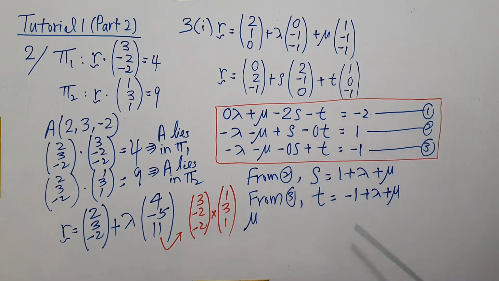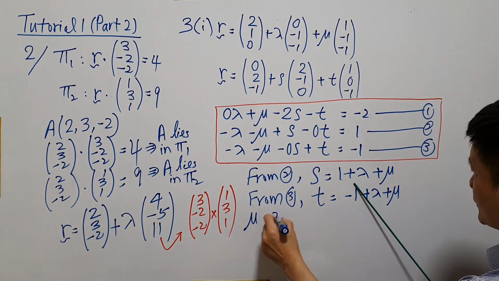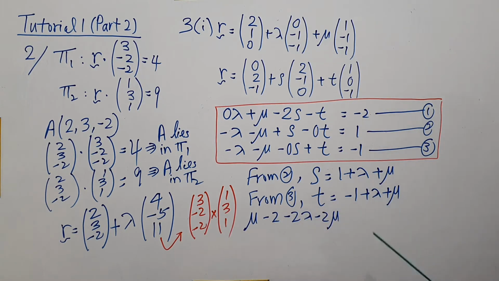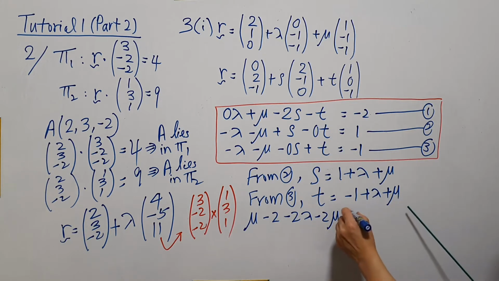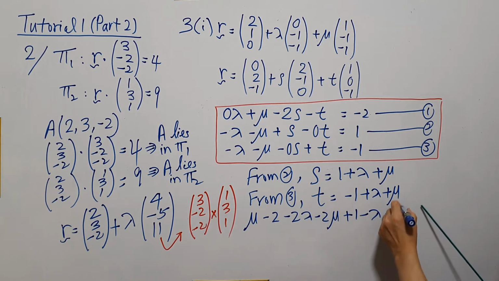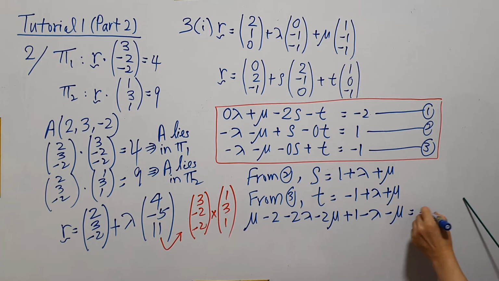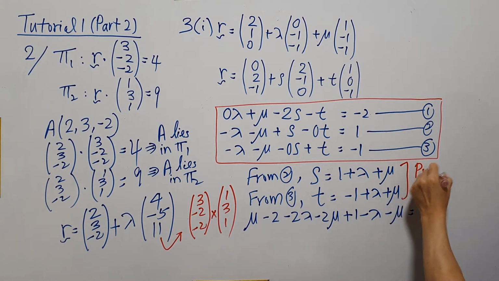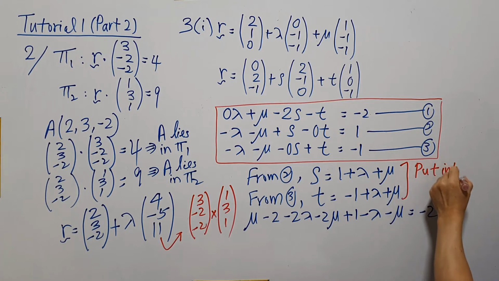Mu minus twice of this, minus 2 lambda minus 2 mu, then minus t, plus 1 minus lambda minus mu, equals minus 2. So from these two expressions for s and t, I put them into equation 1 to get this line. From this line, I'm going to tidy things up a little bit.